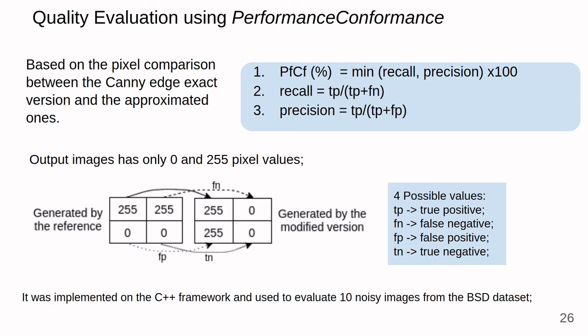The performance is the minimum value between the recall and precision functions, where recall is the fraction of all actual positives that are predicted positive, and precision is the fraction of all positive predictions that are true positives. The performance was also implemented in the C++ framework.